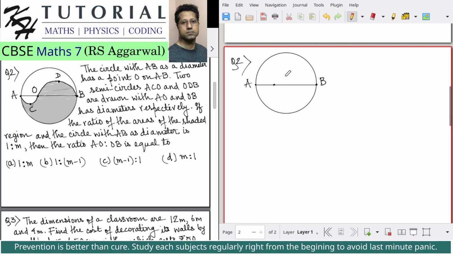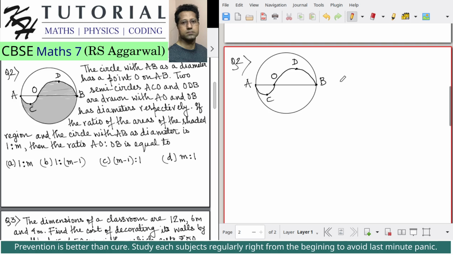Remember, O is not the center, but O is a point on the diameter AB. And a semicircle ACO is drawn with AO as diameter. And another semicircle is drawn with OB as diameter, and it is ODB.